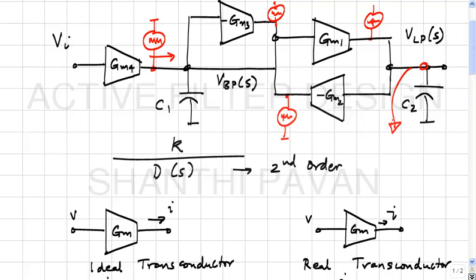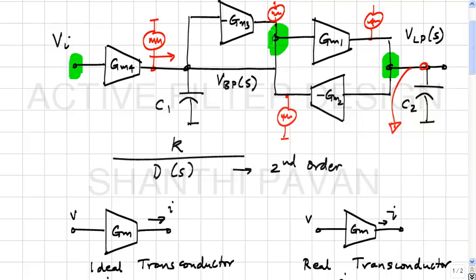Not only will it consist of Vi being filtered by the filter transfer function that you intended to realize, it also consists of noise, because this node is influenced by the potential here, and this node in turn is influenced by the potential at this node. So you can see that it consists not only of signal current but also noise currents from all these transconductors.